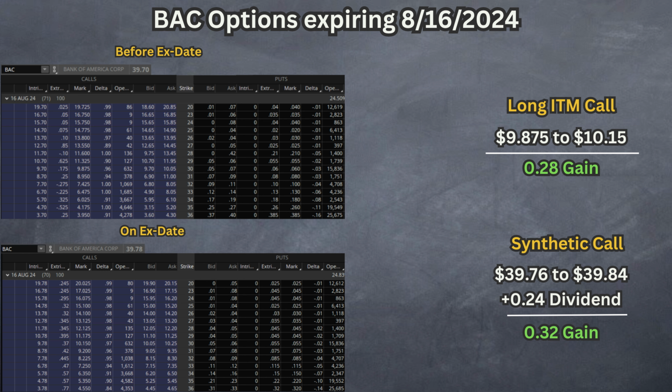So a more realistic value for the call would be 9.83, where it had 13 cents of time value, instead of the 9.87 midpoint, where it has 17 cents of time value. If we use that more realistic 9.83 value, then the return on both trades ends up being the same from one day to the next, which means early exercise was not optimal.